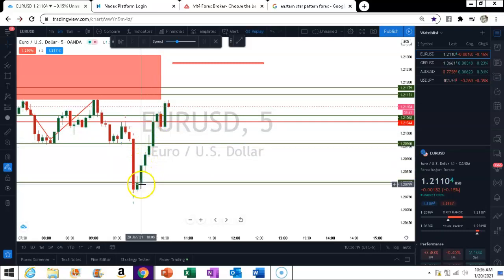And I would take it all the way back up to the point where it went down, where the open was. I would get out right here at this point, support and resistance. This is support right here and resistance. So I would get out right here when I take it up.